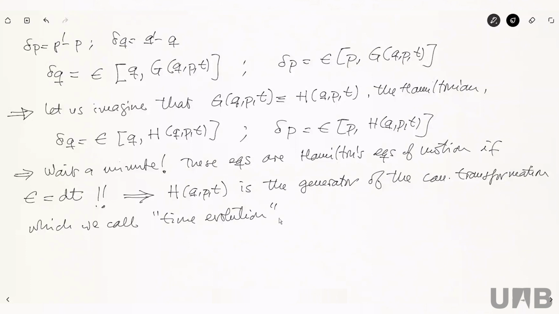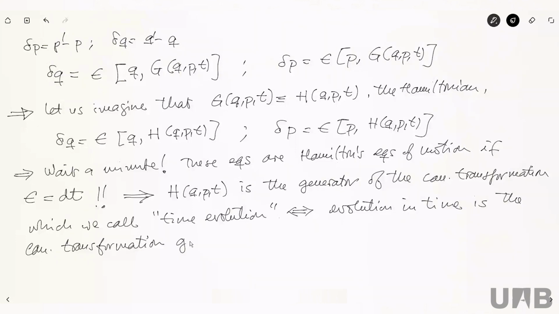In other words, evolution in time is the canonical transformation generated by the Hamiltonian.